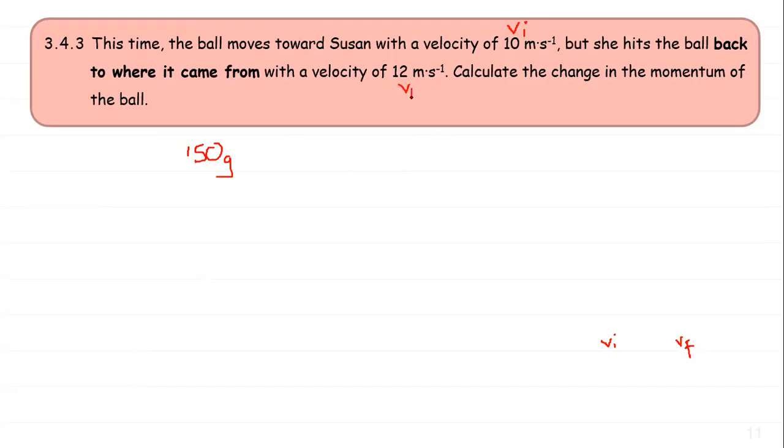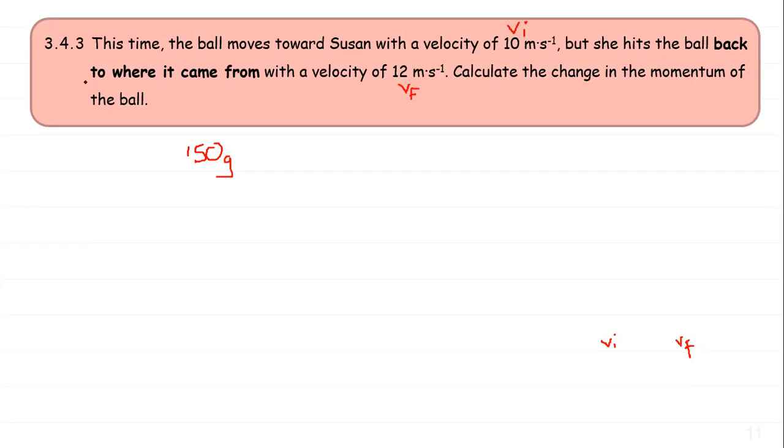In other words, the velocity of the object changed, the mass remains the same, so it means the momentum of the object changed. So this gives us the final velocity of 12 meters per second. We are then asked to calculate the change in the momentum of the ball.